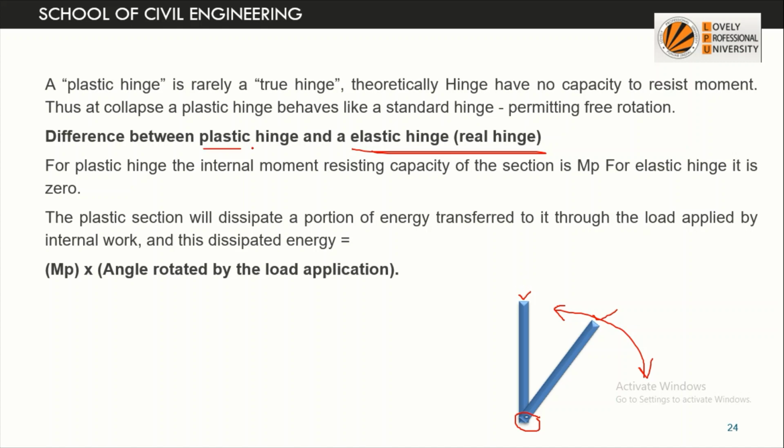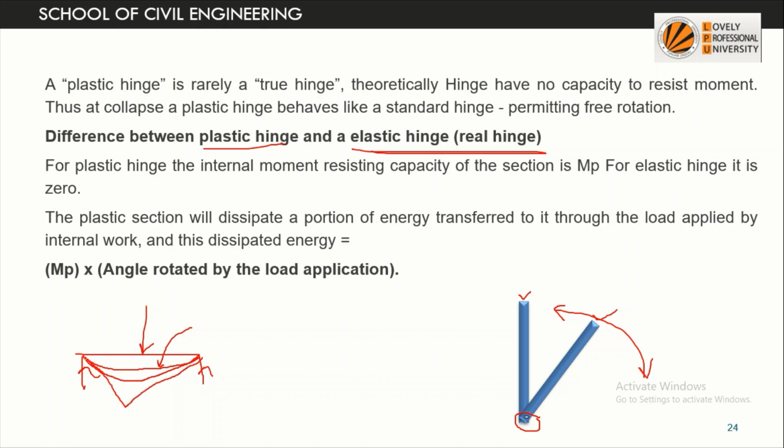So how do we look at the plastic hinge? Suppose this is a simply supported beam subjected to some point load. Because of the load, there is deflection like this. As long as the deflection is curved, we say that it is an elastic deformation. Suppose the load keeps on increasing, there will be a point when the rotation will be like this.